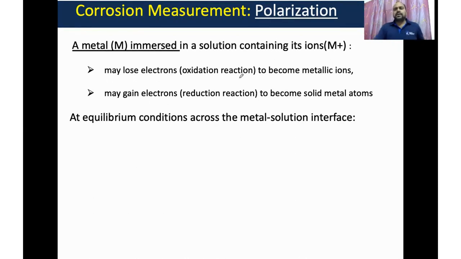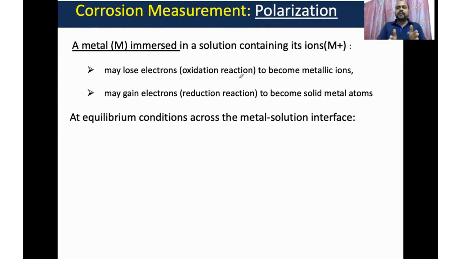It doesn't matter whether we are having an anodic process or a cathodic process, I'm just considering both. Let's say only one cell: you just immerse it, electrons are ejected from the material, and it becomes the metallic ion. What will happen?